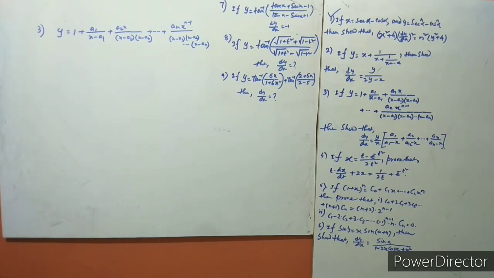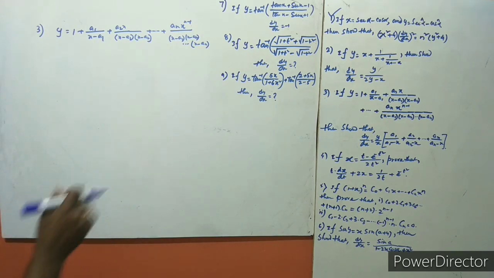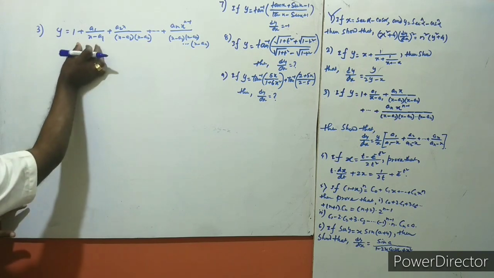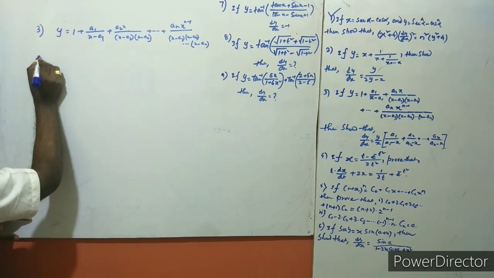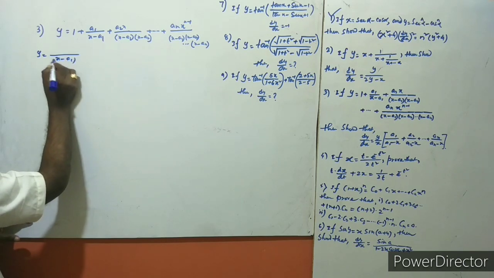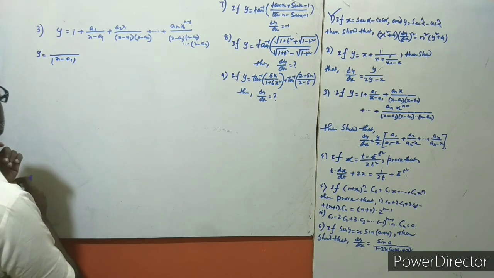So see, this is one of the interesting questions. So how can we solve this? Now first we take the LCM of the first and second terms. Then we get x minus a1, and take the LCM, then x minus a1 is cancelled.